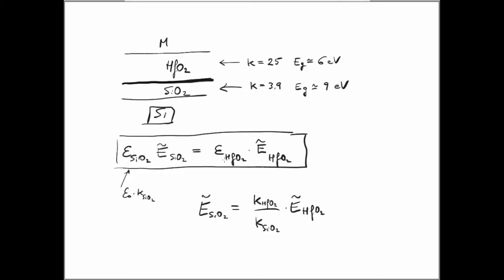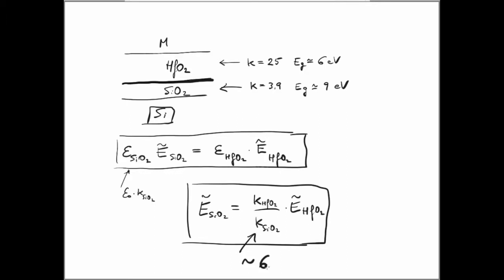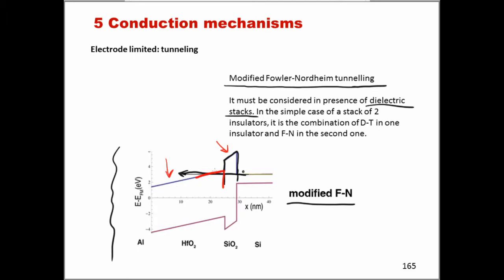And from this equation we can then realize that the electric field in the silicon dioxide is different from the electric field in the hafnium dioxide, and the factor by which they differ is related to the ratio between the dielectric constants. So in our case, this ratio is roughly 6. And so we should expect that the difference in slope between these two materials should be, in ideal circumstances, around 6.